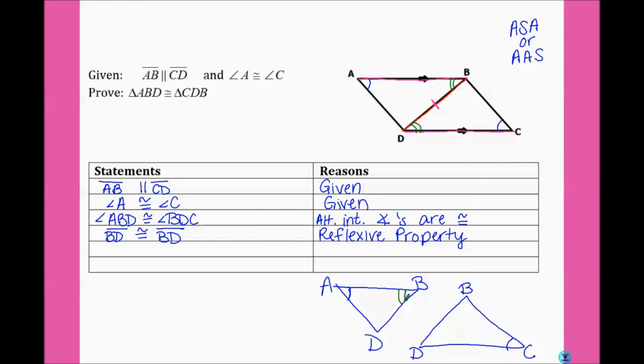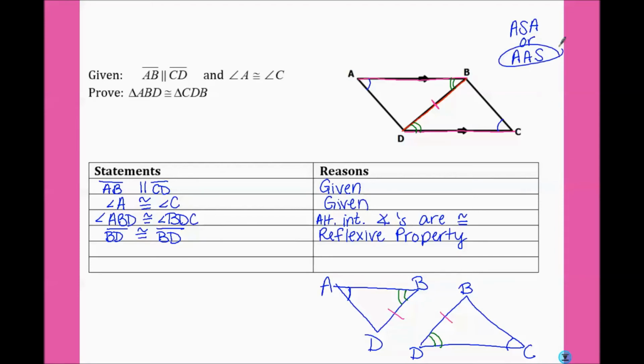ABD is congruent to BDC. And we knew that side BD was congruent for both of them. So based on these pictures, is it angle, side, angle, or angle, angle, side?